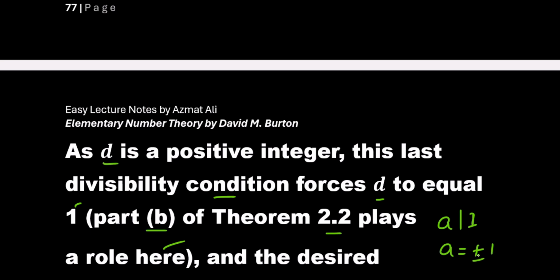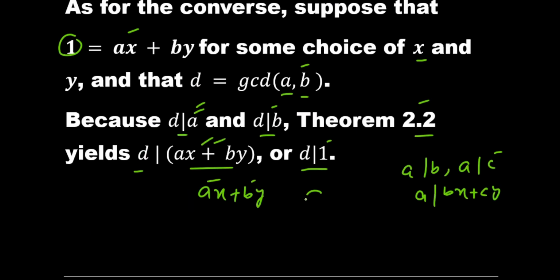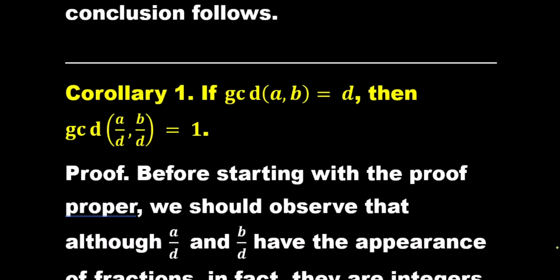In other words, there are only two divisors of 1: one is plus 1 and the other is minus 1. So when you say d divides 1, there are two possibilities for d: d is either equal to 1 or equal to minus 1. But by definition, d is always a positive integer, so that's why d must be equal to 1 here. That is what was required to prove.